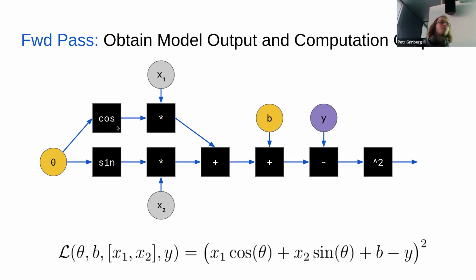And the operations which we do are defined in these blocks, like we take cosine of theta multiplied by x1, sine of theta multiplied by x2, we sum these outputs, etc. So when we do the forward pass, we just follow these blue lines. Nothing hard.